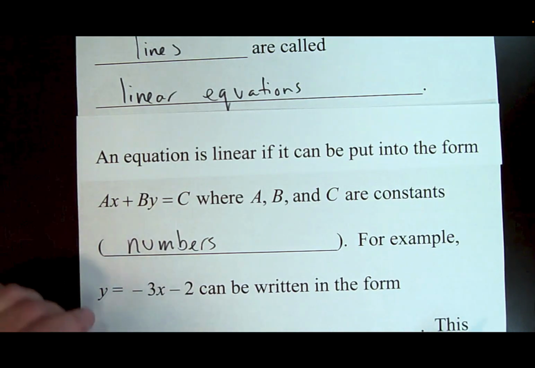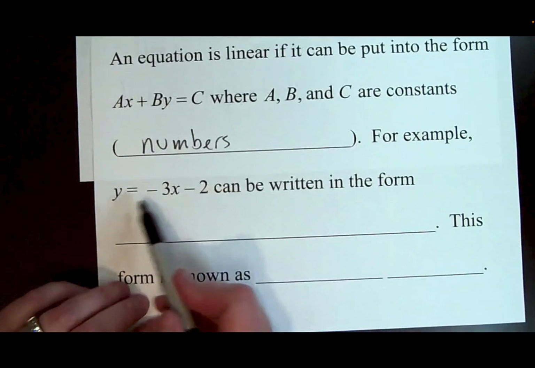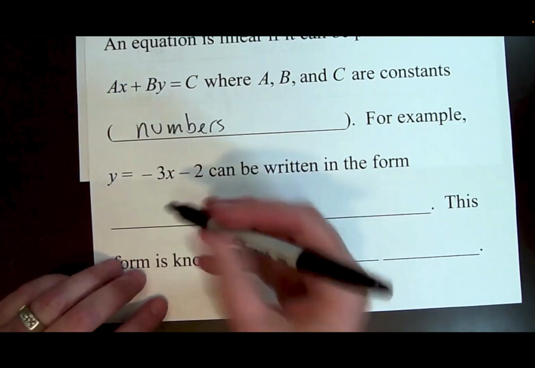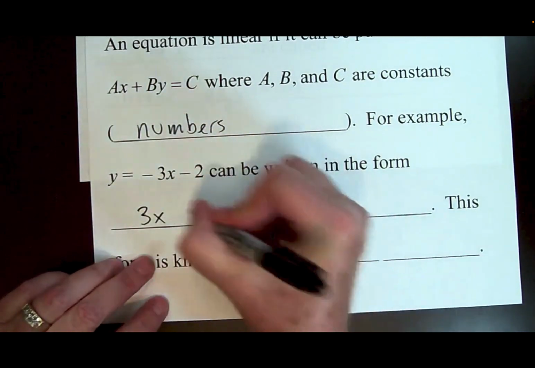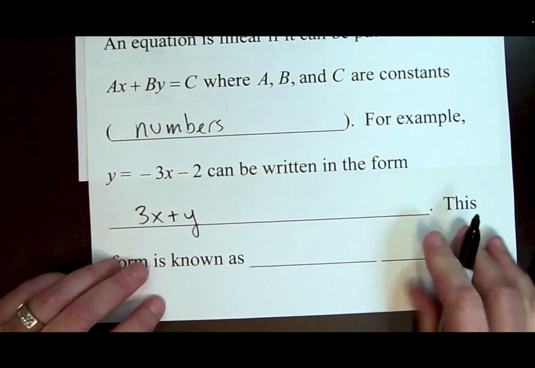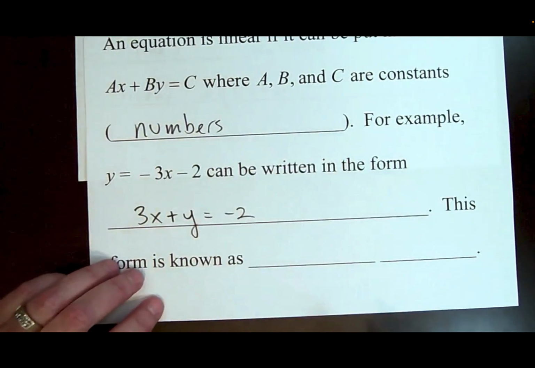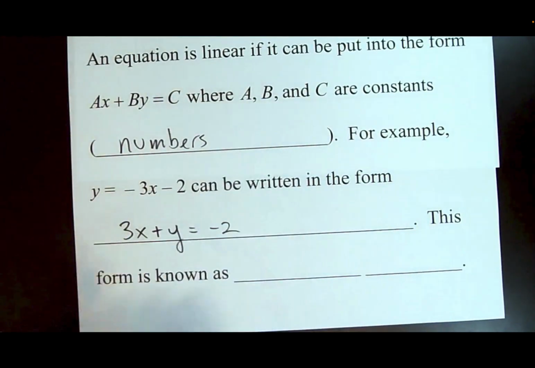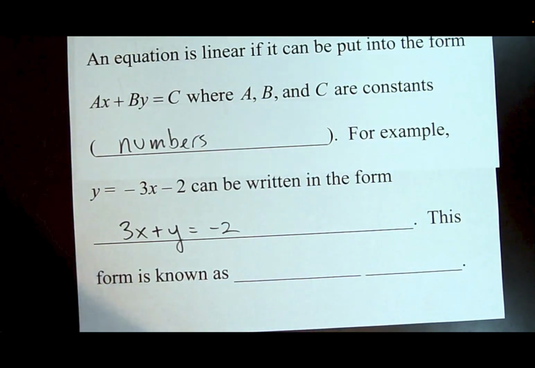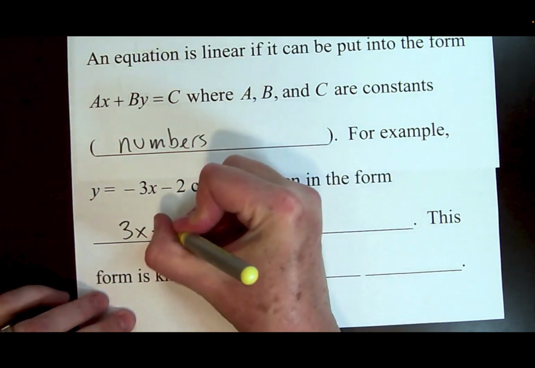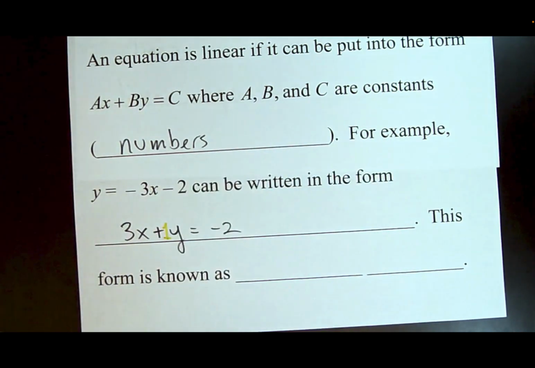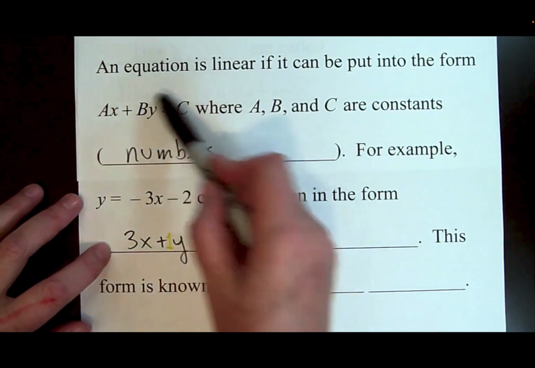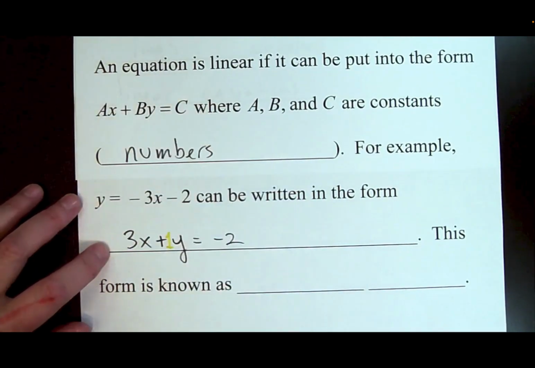So, for example, that one that you just graphed, y equals minus 3x minus 2, if I add a 3x to both sides, I would get the equivalent equation, 3x plus y equals -2. Okay, so this is in that form. Number times x plus number times y, because there's an invisible 1 coefficient there, right? So number times x plus number times y equals number. Okay, that's what we mean by saying we can put it into that form.